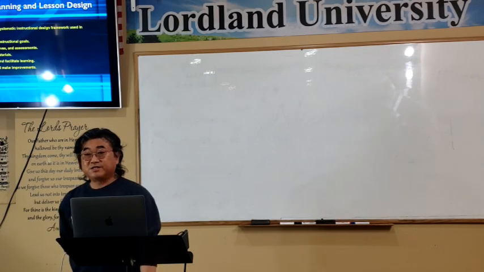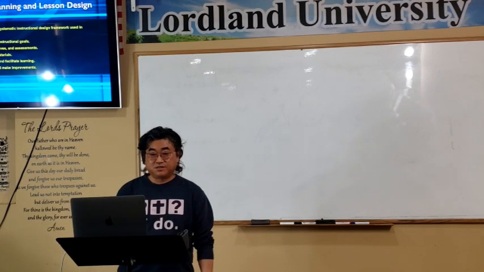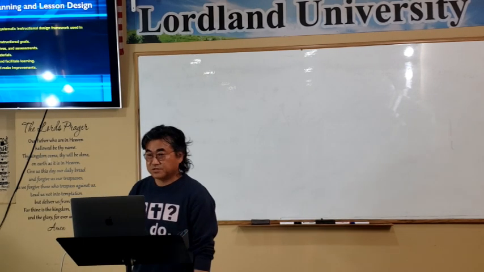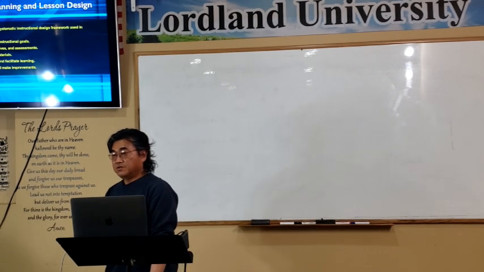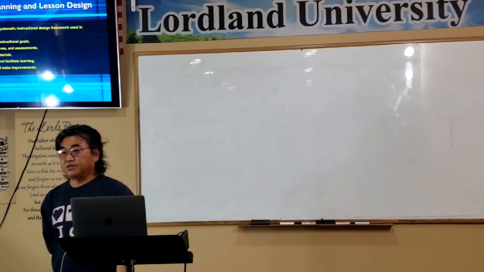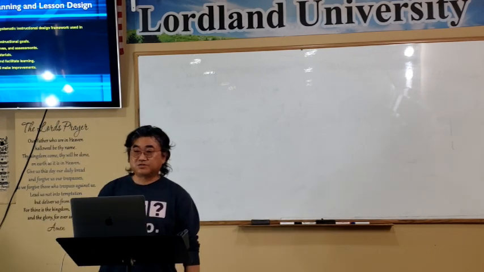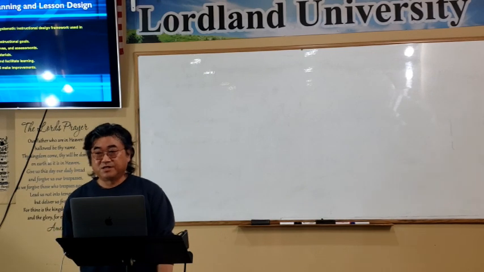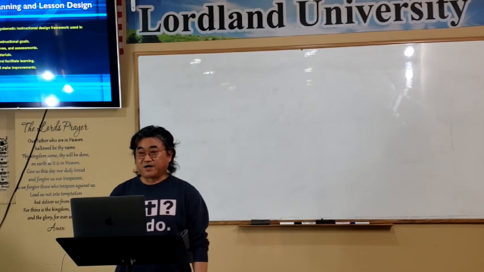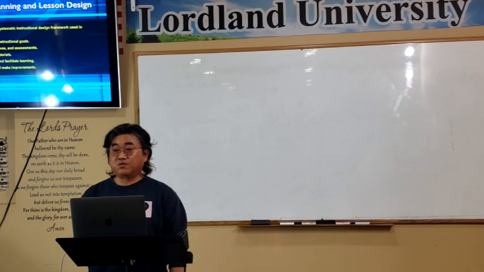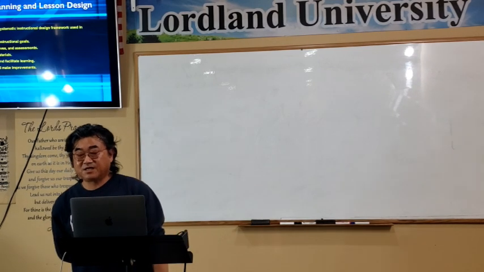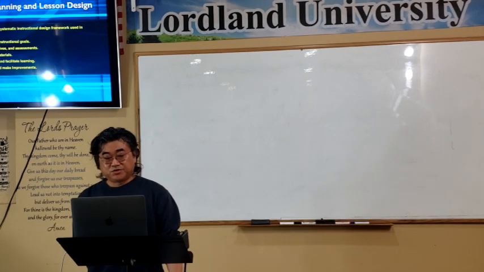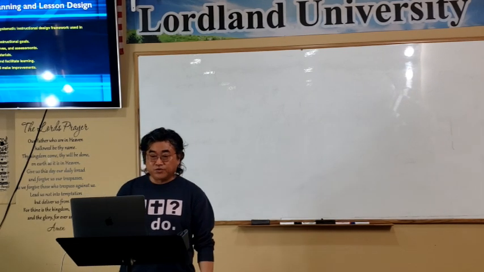You identify the learner's needs and instructional goals. You have to know what your students have to learn, and then you identify what could be the outcome of that lecture. That is analysis. To achieve that goal, you have to design.